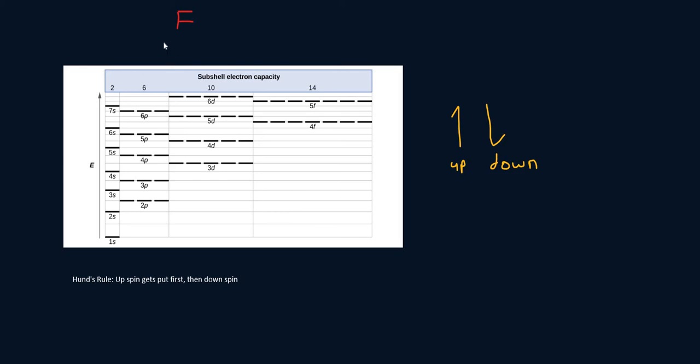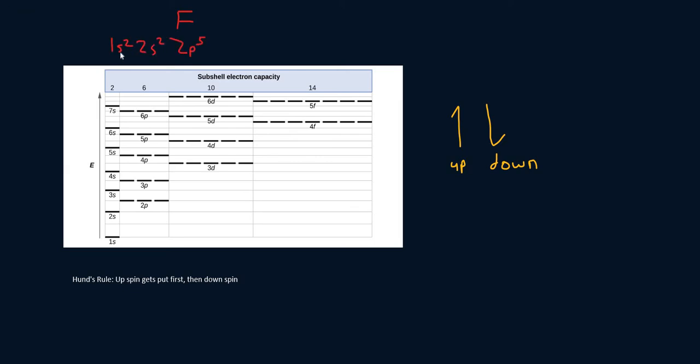So why don't you go ahead and practice your electron configuration skills first. Go ahead and pause the video and write out the full electron configuration for fluorine. And then when you're done, unpause the video and I'll put mine up on the screen and you can see if you got it right or not.